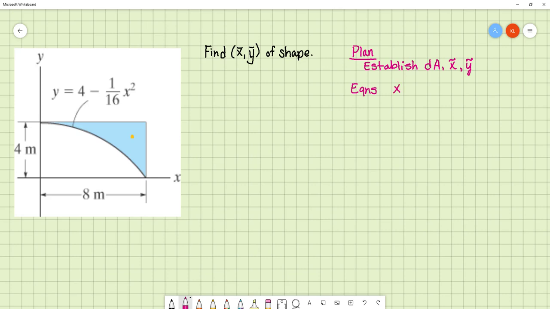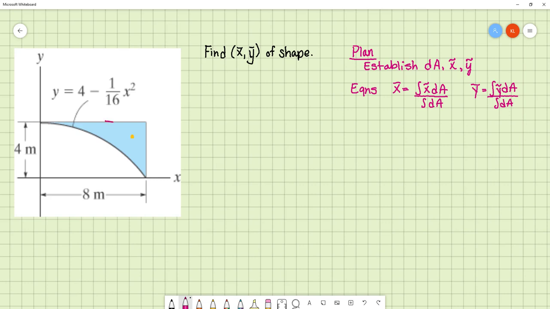The x centroid of the shape is the integration of x tilde dA over the integration dA. And the integration of dA is just the total area. Y bar is the integration of y tilde dA over the integration of dA. Again, the area. So let's start by establishing that rectangular slice.